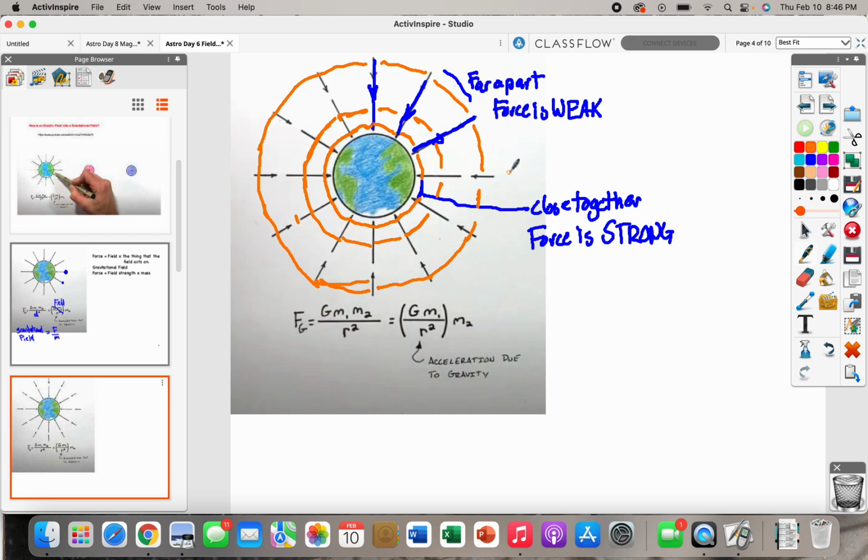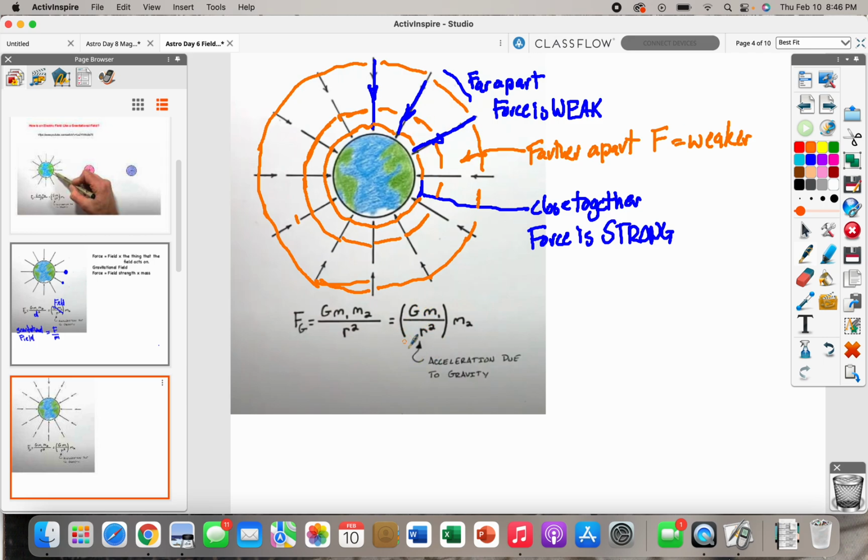So again, the same is true here. When the lines are farther apart, that means that the force is going to be weaker, because it takes a bigger distance to change the energy. And when they're closer together, then the force will be larger, right?